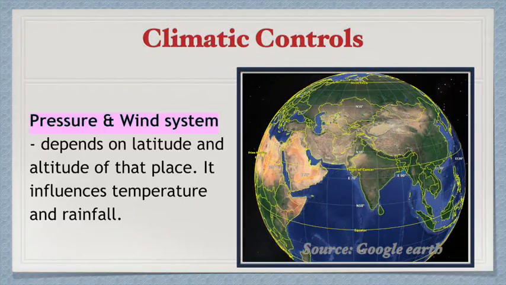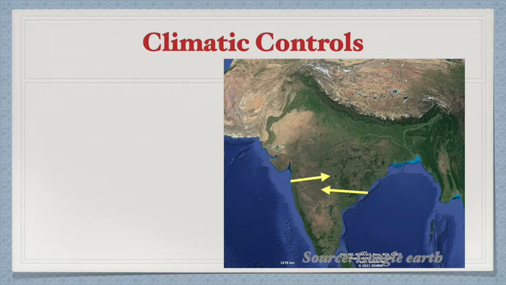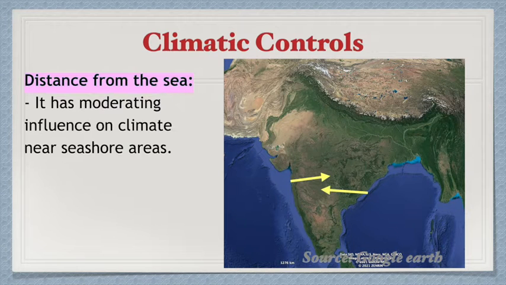Next climatic control is pressure and wind system. Pressure and wind system contributes to rainfall in general in all places. This pressure and wind system depends upon the latitude and altitude of that place. So it influences rainfall as well as temperature. Next climatic control is distance from sea.